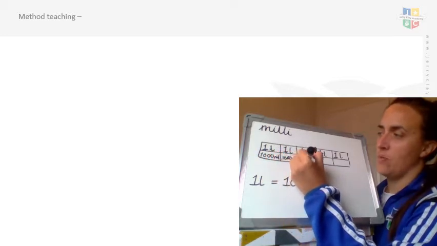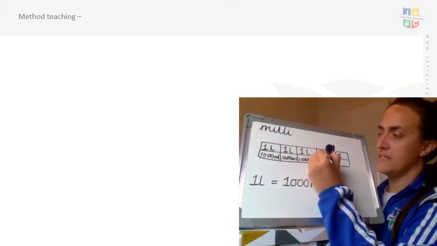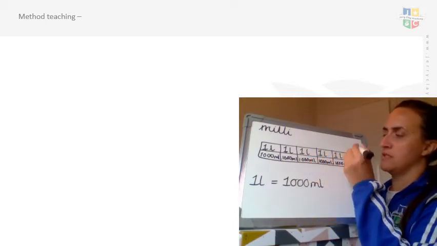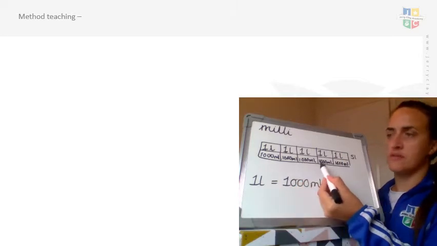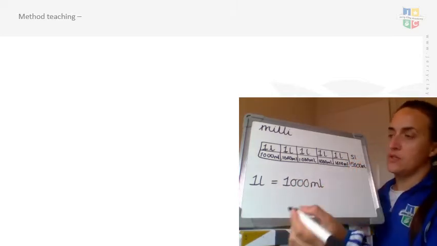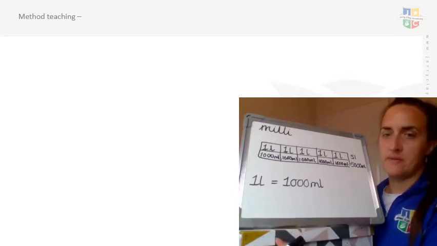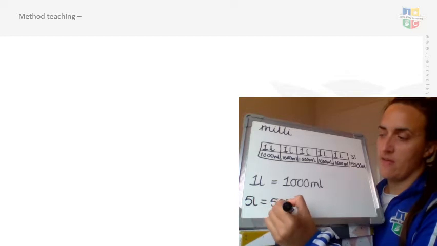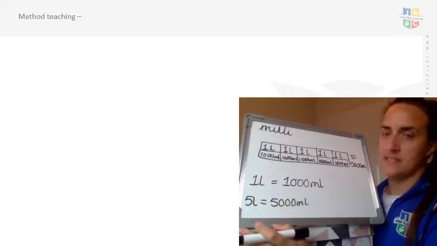And this time we've got 5 litres. And so we've got 1,000, 2,000, 3,000, 4,000, 5,000 millilitres. So 1 litre equals 1,000 millilitres, 5 litres equals 5,000 millilitres.